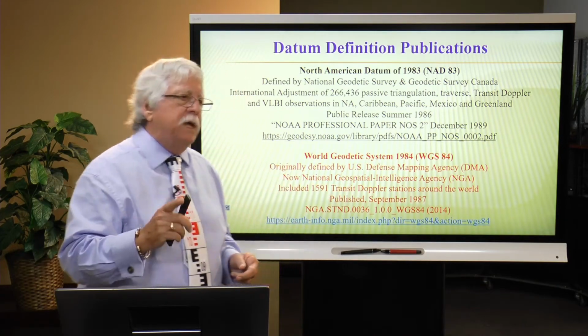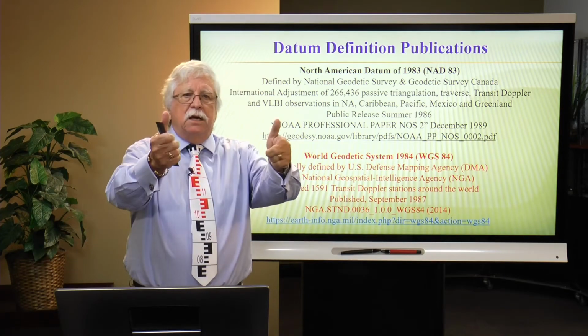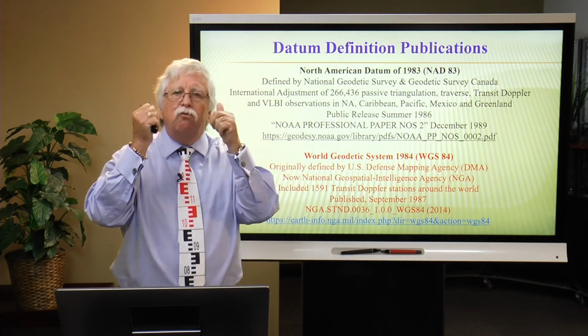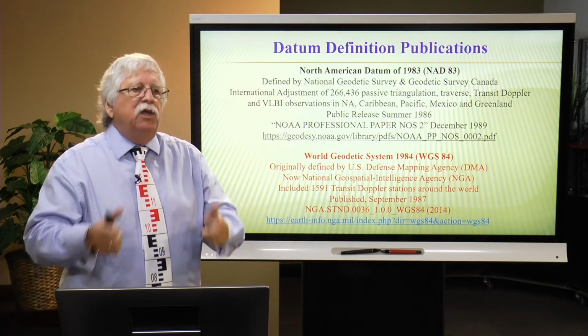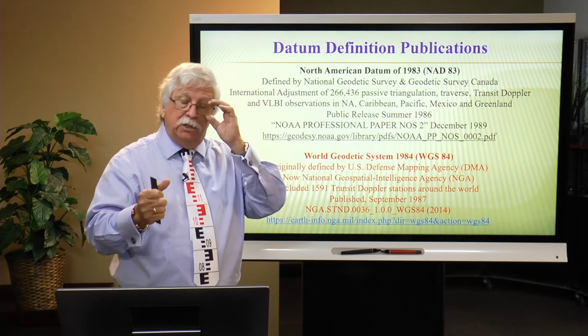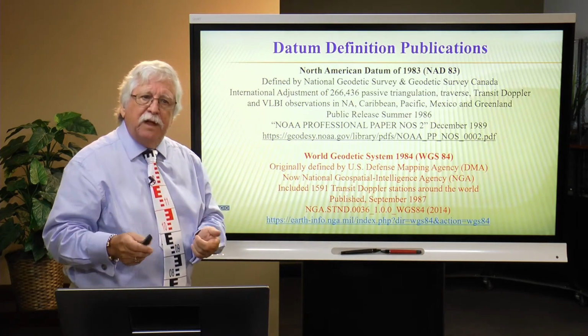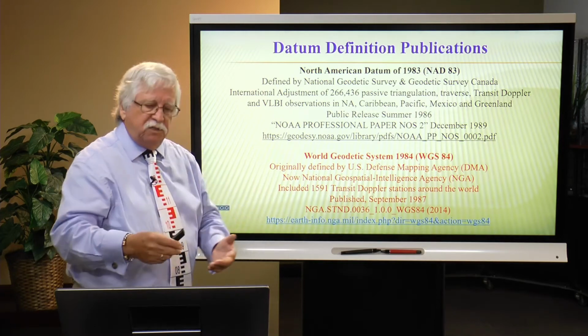So the point I want to make here is that both datums, NAD83 and WGS84, in their original definitions, used no GPS. GPS was not a function of the definition of the original datums. And that's important. That comes along just a few years later.